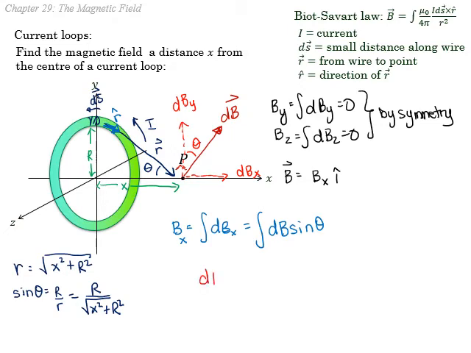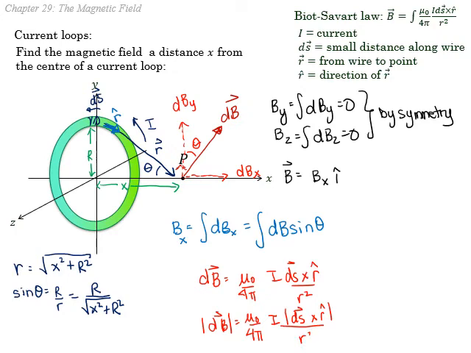So my vector dB is equal to mu naught over 4 pi times I times ds cross r hat over r squared. So the magnitude of dB is equal to mu naught over 4 pi times I times the magnitude of ds cross r hat over r squared.